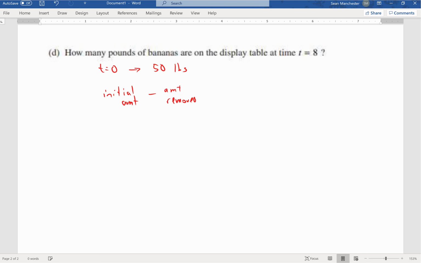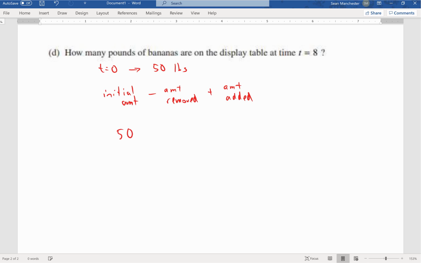People are taking bananas off the shelf all day. And then we want to add the amount that are put back on by the employees, or you could say amount replaced. So the initial amount minus what was taken off by customers plus what was added on by store clerks is going to give us the total amount that are on the shelf at t equals 8.